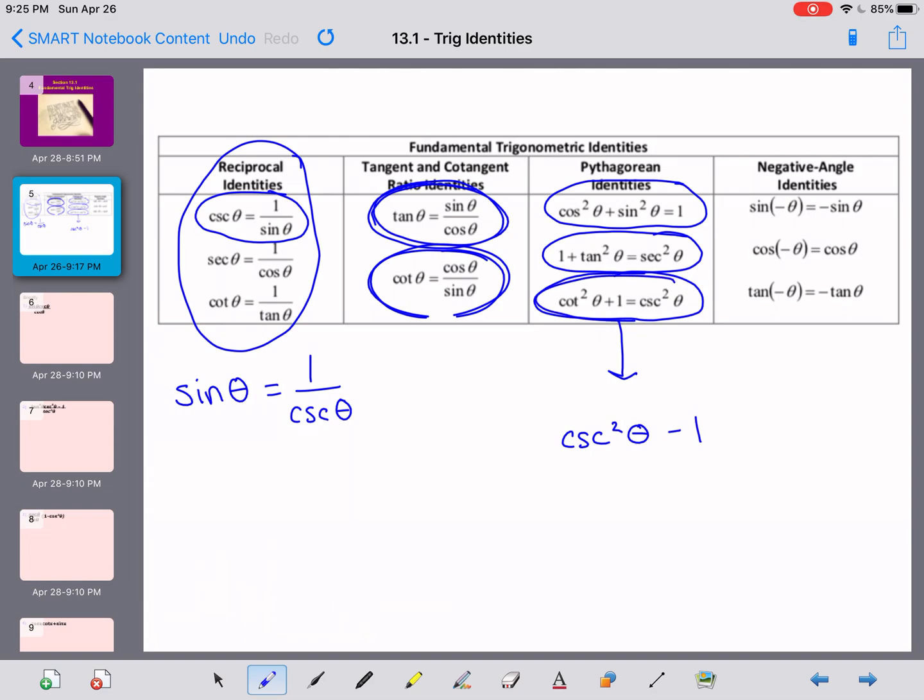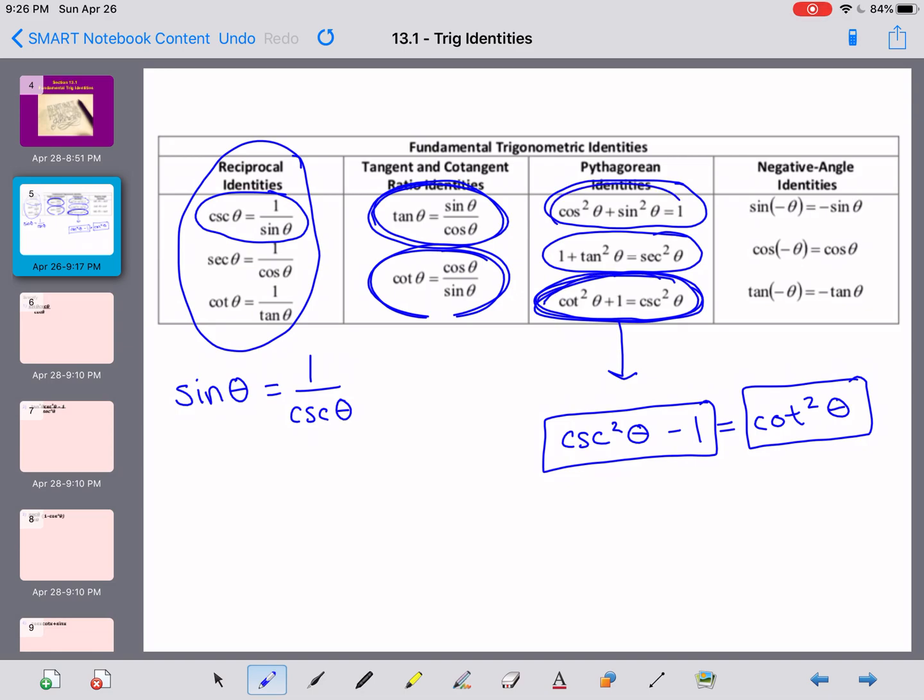And if you look at this formula, if you rearrange it, you could say that cosecant squared theta minus 1 is equal to cotangent squared theta. So if you saw this in a proof, you could substitute it with this. And that's what we're going to be doing, okay? So just know that these three formulas, you can do all sorts of variations with them and rearrange them for whatever you need. And then the negative angle identities, I don't think we're actually even going to really touch these, but just in case, they are there. All right, so let's get started.